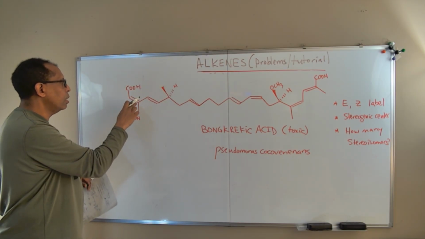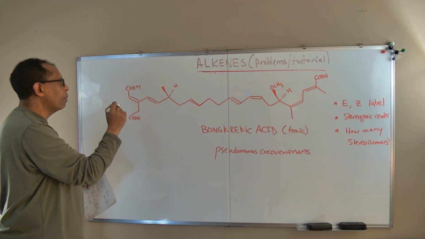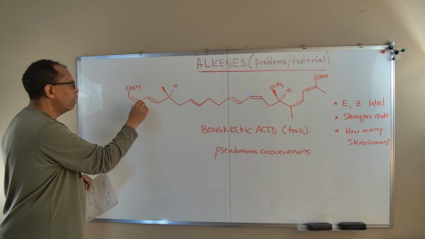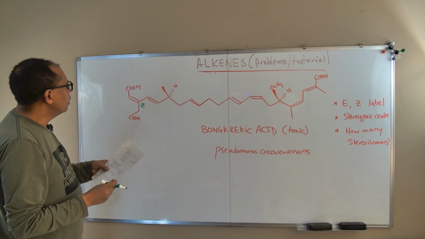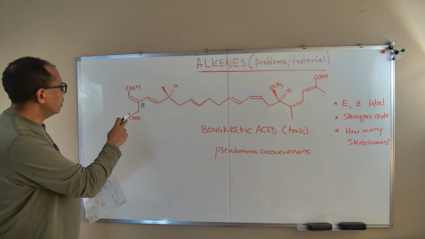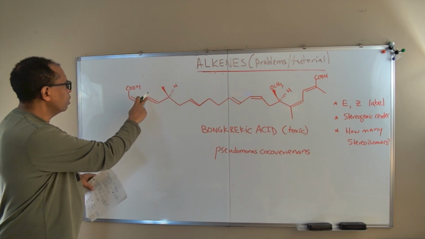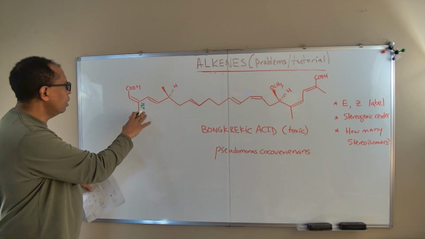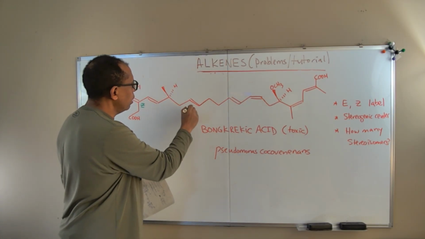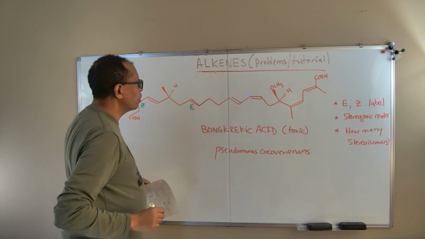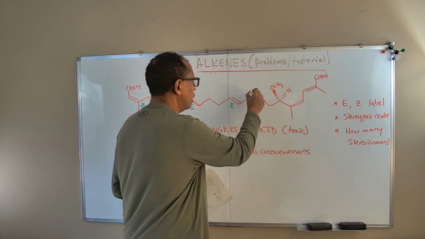So as you see here, the priority is up, so it is a Z configuration at that point. It is a Z. And so let's see here. I have a carbon and hydrogen here, a carbon-carbon. So that is still correct. And this one is an E isomer. This is an E isomer. This is a Z isomer.